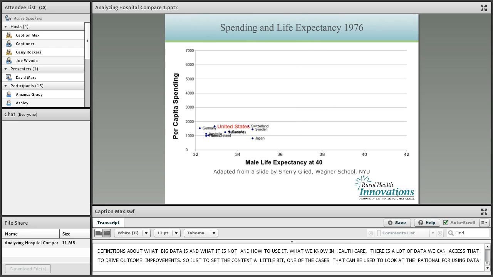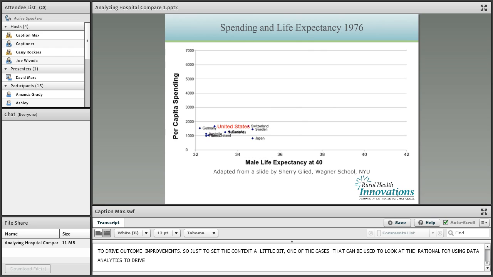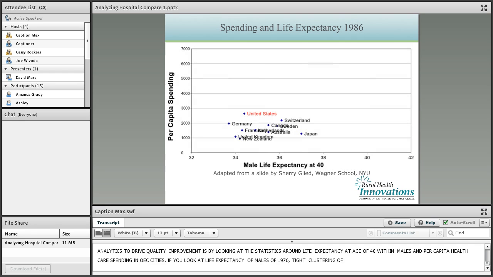So just to set the context a little bit, one of the cases that can be used to look at the rationale for using data analytics to drive quality improvement is just by looking at some statistics around life expectancy at the age of 40 within males, and per capita healthcare spending within OECD countries. And we thought that this would be an interesting example.